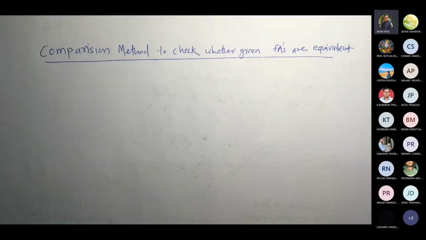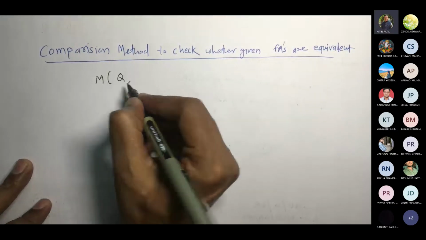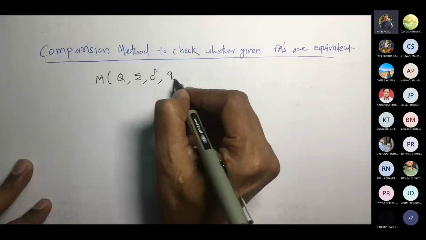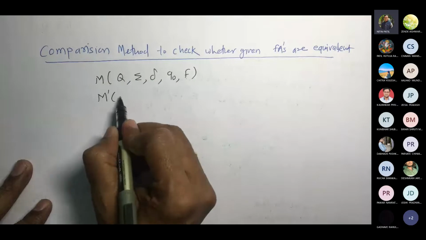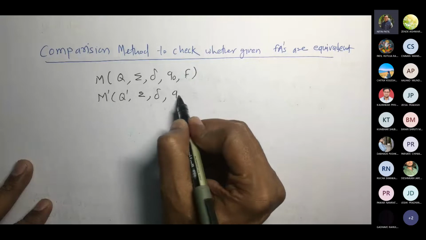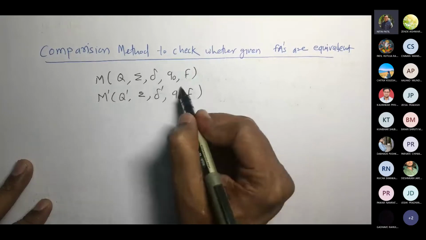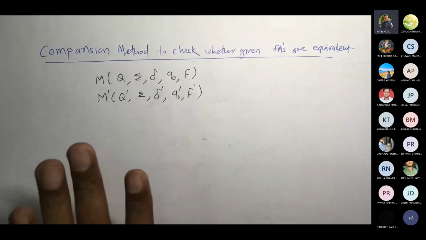Let us say we are given M, the first automaton, as Q, sigma, delta, Q0 and F. We also are given an M dash with Q, sigma, delta, Q0, F. I am adding a dash to say that they are different. What is the same there? Their sigma should be the same. Transitions may vary.